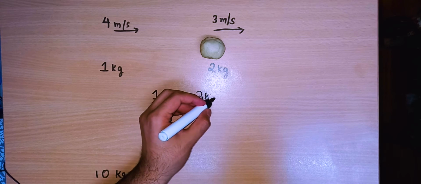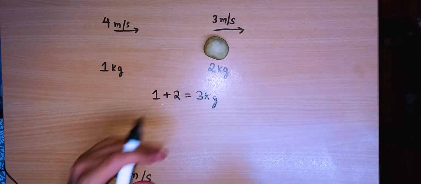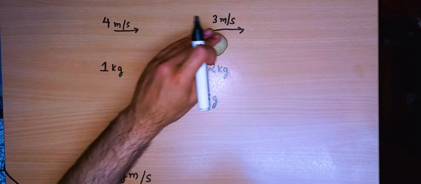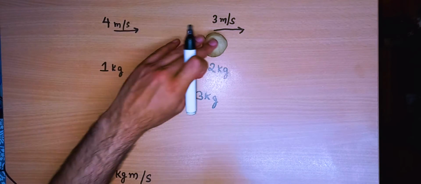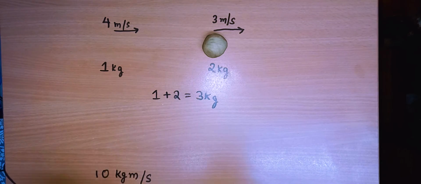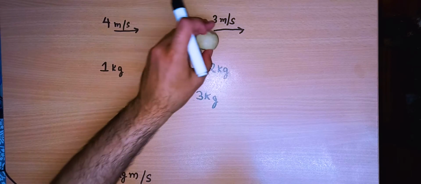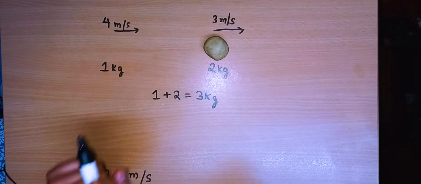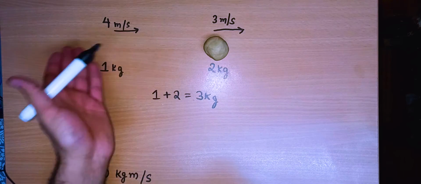3 kg. So after the collision, because the two collided and stuck together, the ball became heavier, and we add the masses of the two smaller balls, 1 kg and 2 kg, to get the mass of the final larger ball, which is 3 kg. Because there was a collision, the velocity of the final ball might be different from the initial velocities, so let us remove the original values.